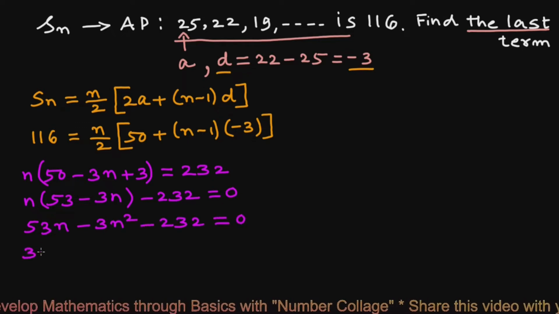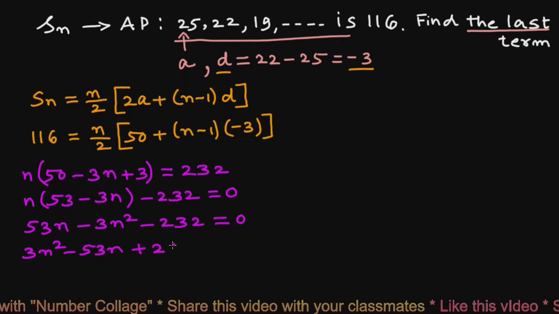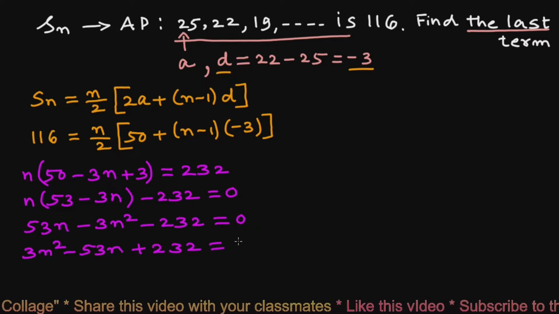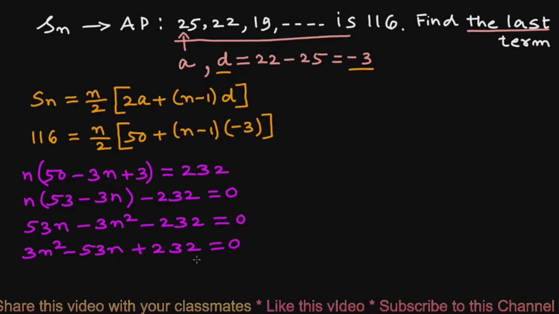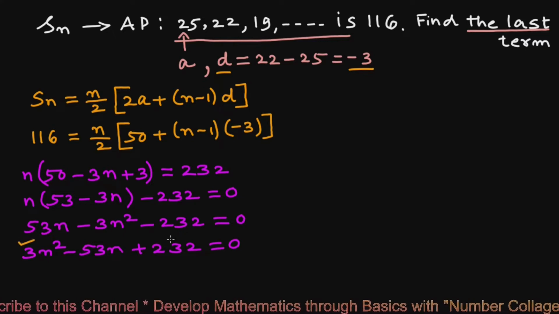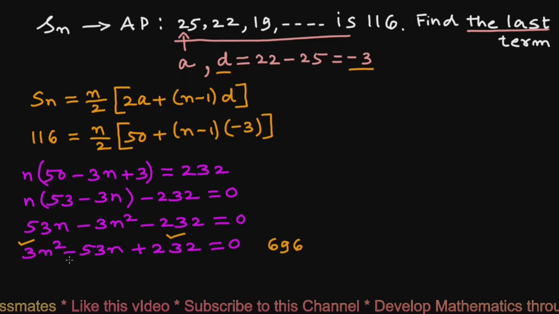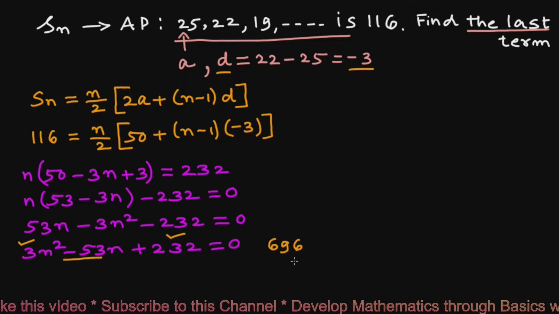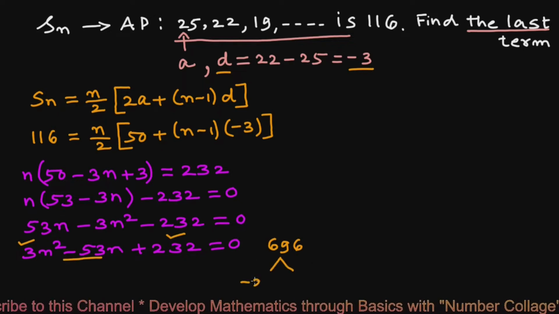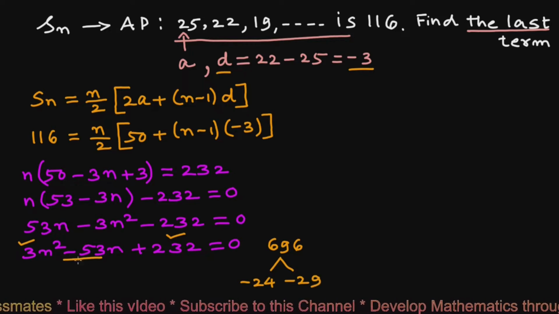That will be 3n square minus 53n plus 232 after changing the signs. Now this is a quadratic equation. We have to find two factors of 3 multiplied by 232, 696, whose sum will be minus 53. Those two numbers will be minus 24 and minus 29, whose sum will be minus 53.